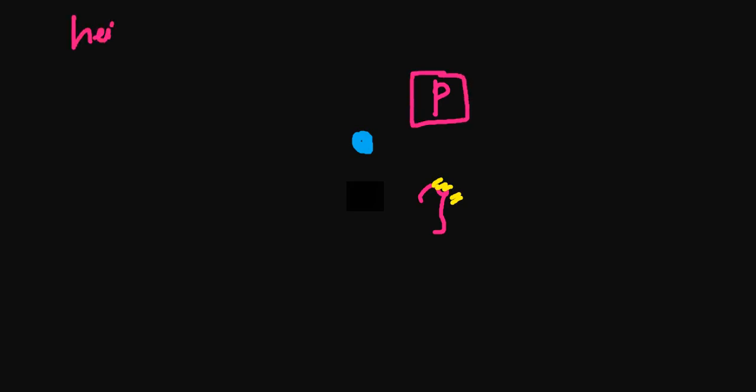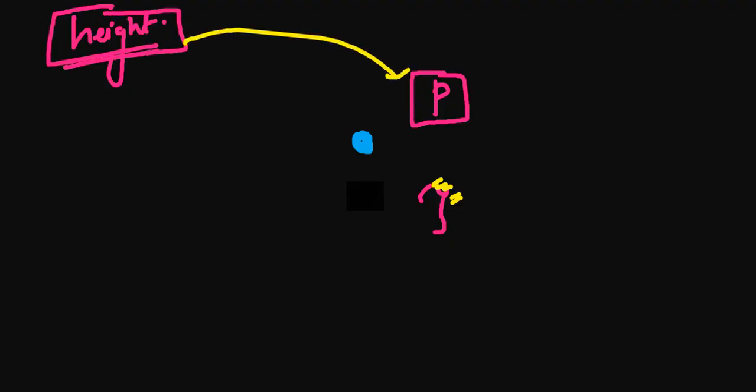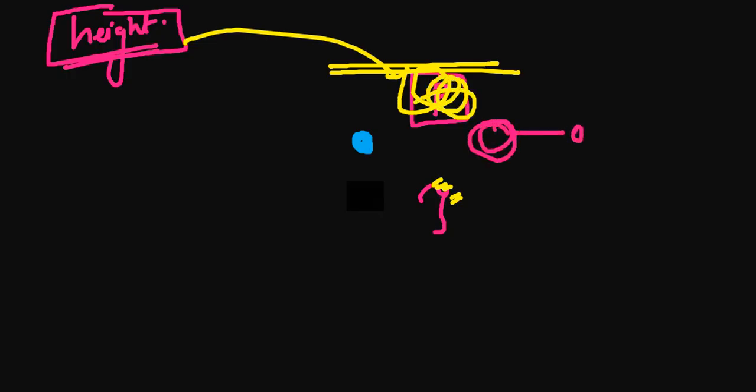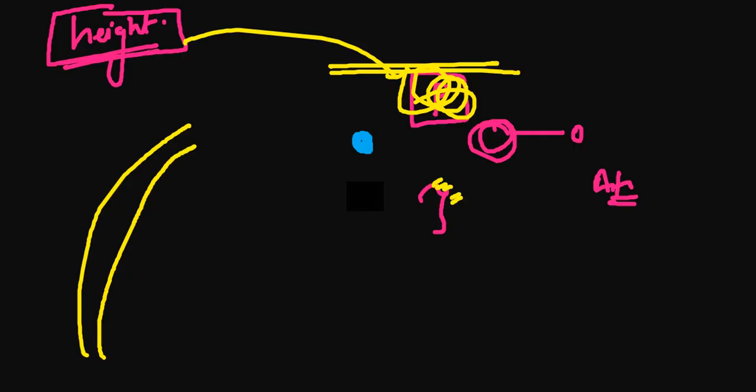If you have ever measured your height, you would have put a cardboard right above this, and this is where the parietal lobe starts. And this is your occipital lobe, right beyond your atlas and axis, those two bones, from where the spinal cord is ending, and you have the occipital lobe over here.